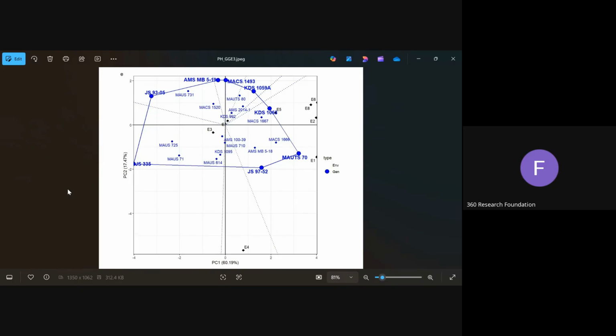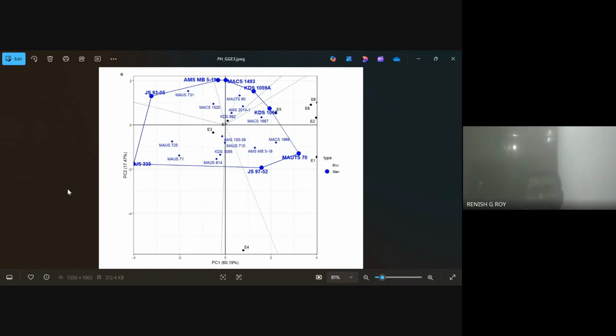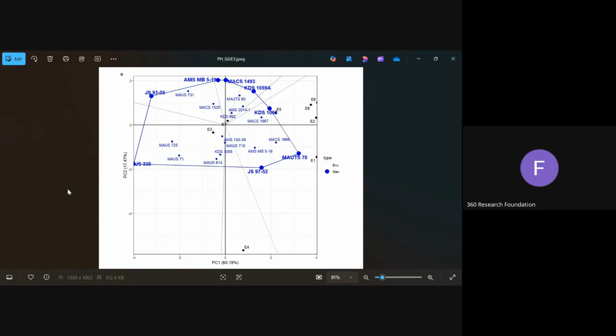And then what about the genotypes present inside the polygon? Their contribution to G by E is less. Less significant means you need to discard those.